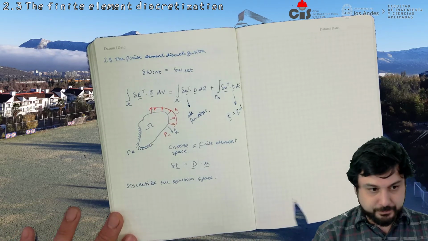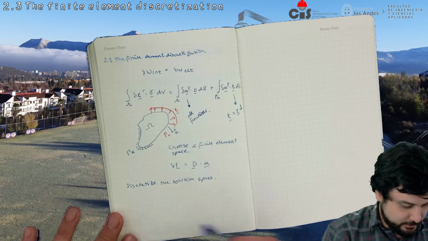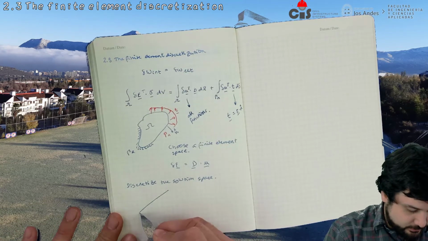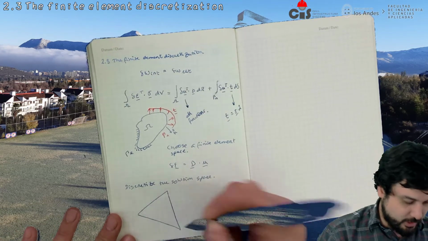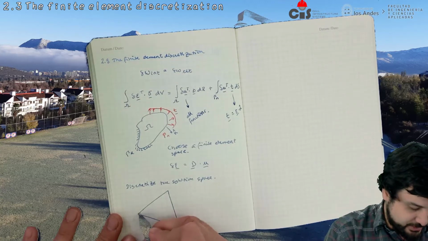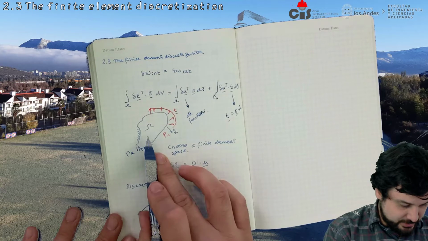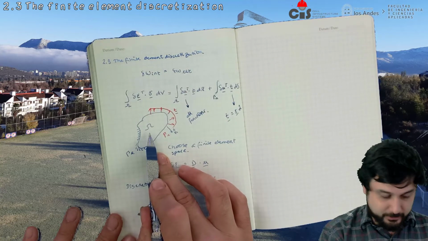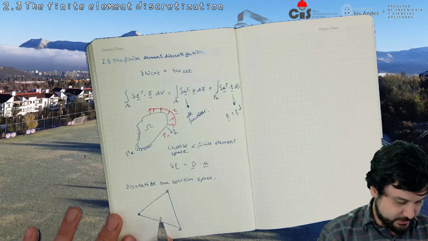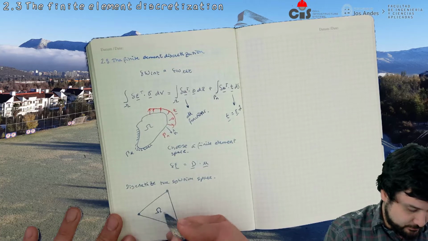We're going to go off into a triangle very soon, but let's just say there's an element. So now, instead of using our full domain omega, we're going to restrict our analysis to a subdomain, omega e.